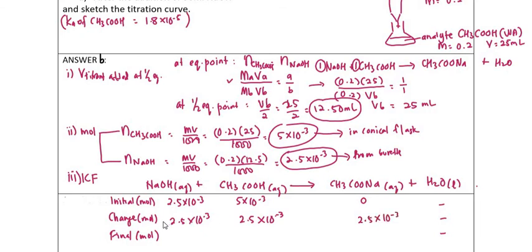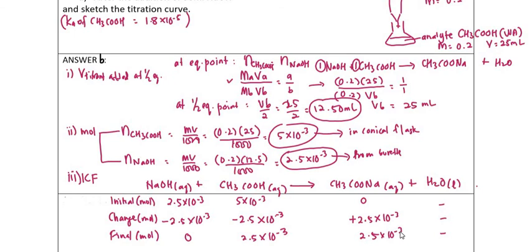Yang membezakan di sini, reactant reduce dia punya concentration, but product increase dia punya concentration. The sign compulsory include. The final mole, okay, adalah I tolak C. That means 2.5 tolak 2.5 will become 0. 5 tolak 2.5, 2.5 eksponen negatif 3.